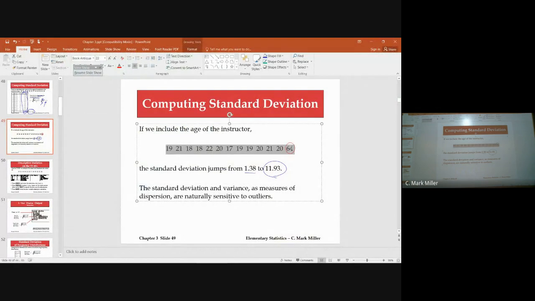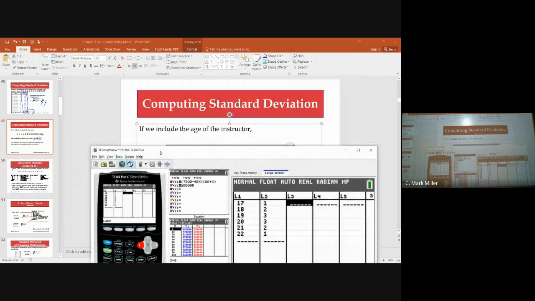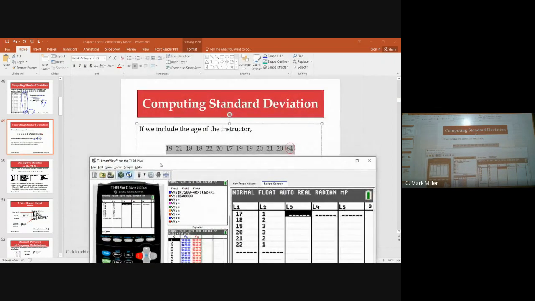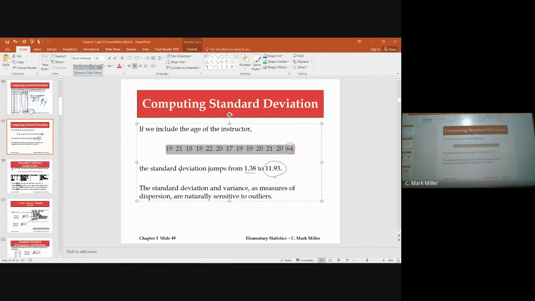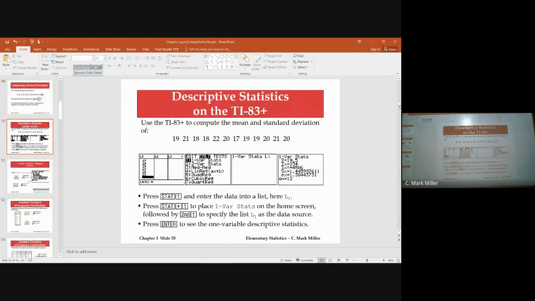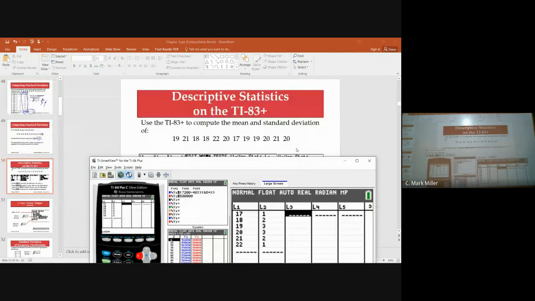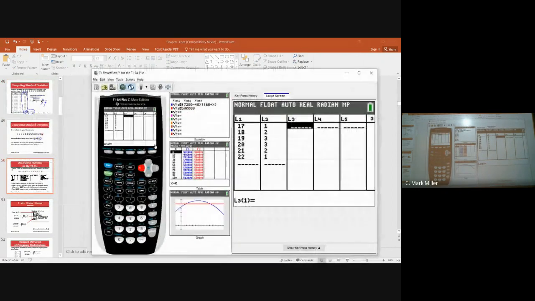I wonder if they'll let me copy those in. I don't know how to paste. I'm going to figure out a way to put those on the screen. Well, we'll do it the really hard way.